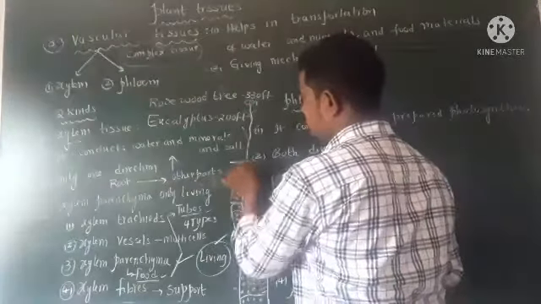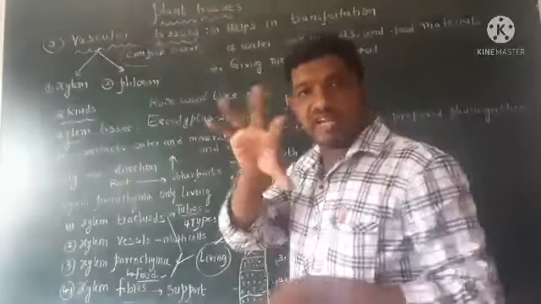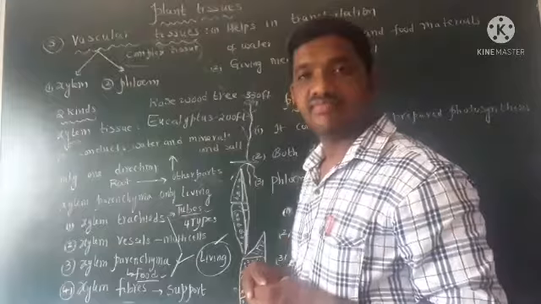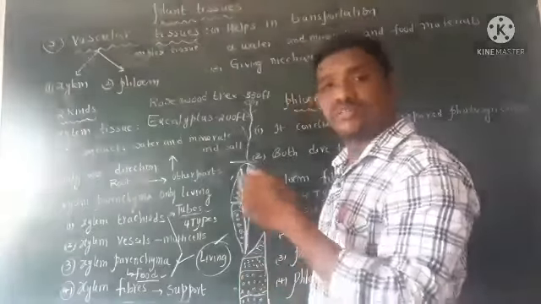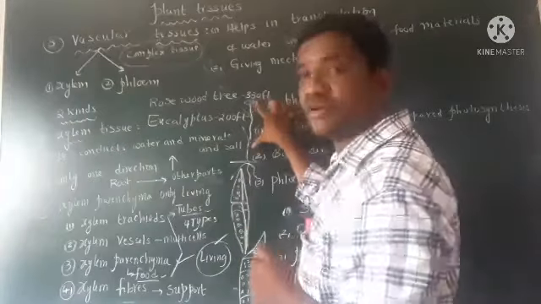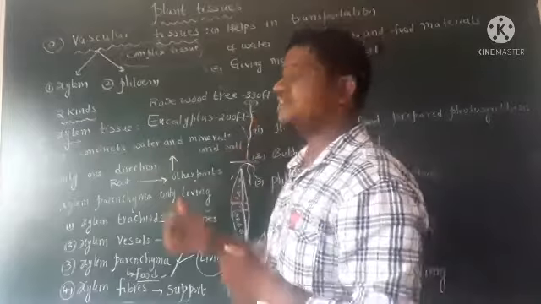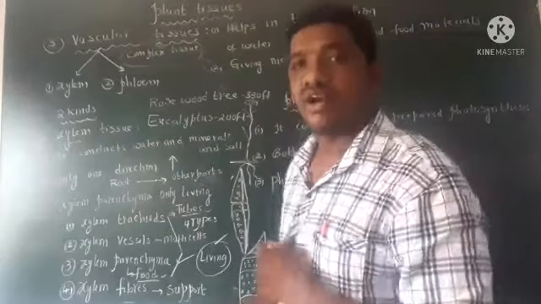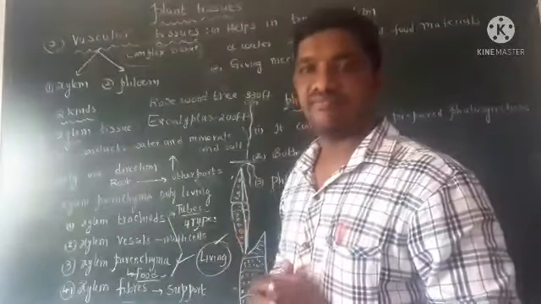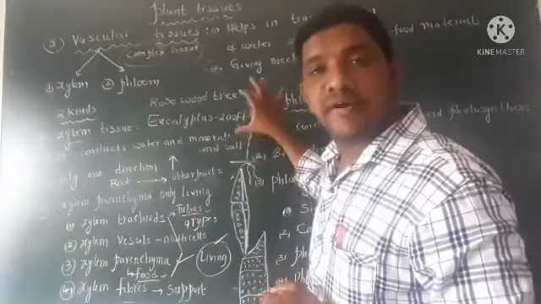This is a root. Root contains xylem tissues which absorb water by the root hair. Finally, this water moves through xylem tissues from roots to the remaining parts of the plant. This is the second point. Water can move in only one direction, unidirection.